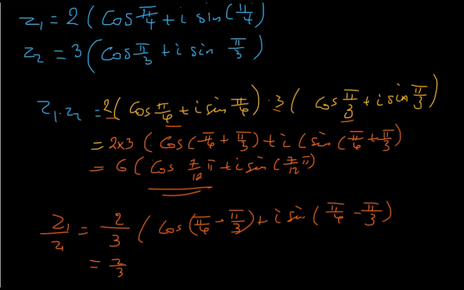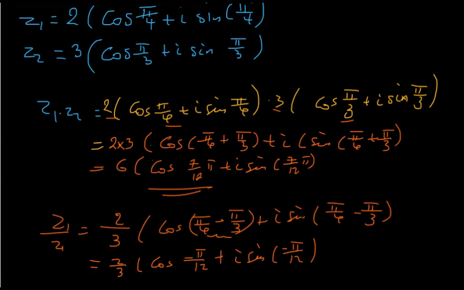This is 2/3 of cosine of minus pi over 12 plus i sine of minus pi over 12.